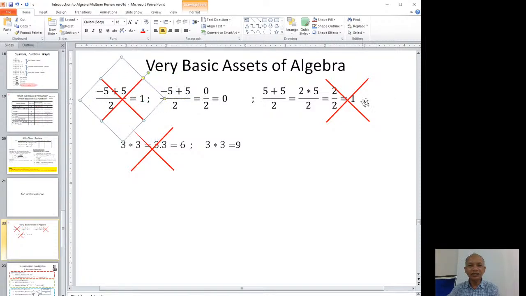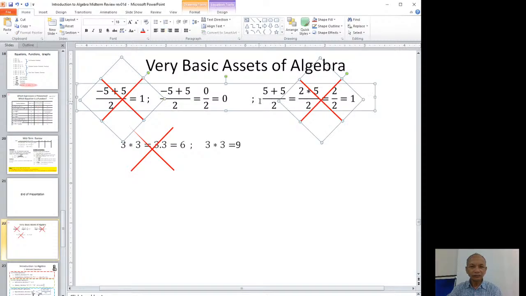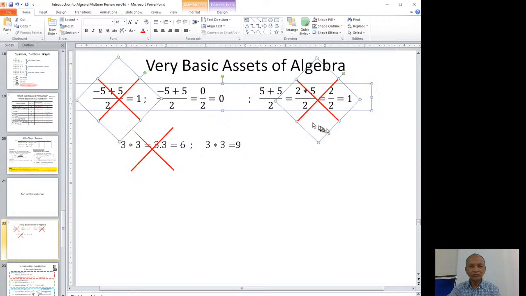Incorrect. This one incorrect. This one also incorrect. Okay.